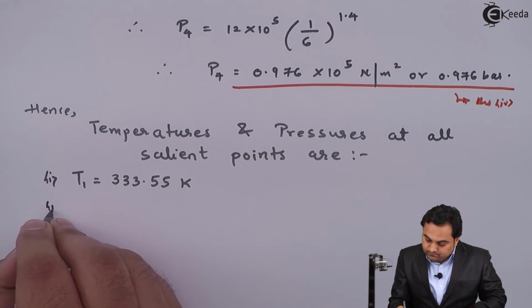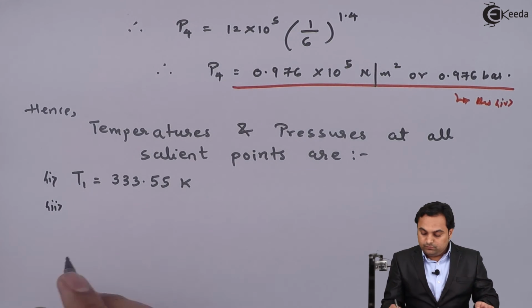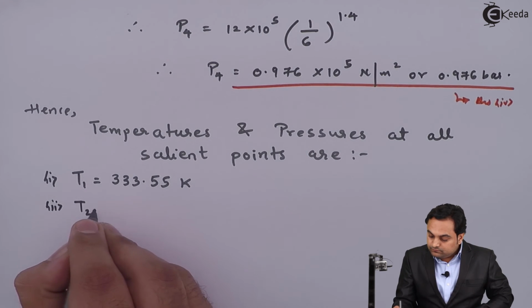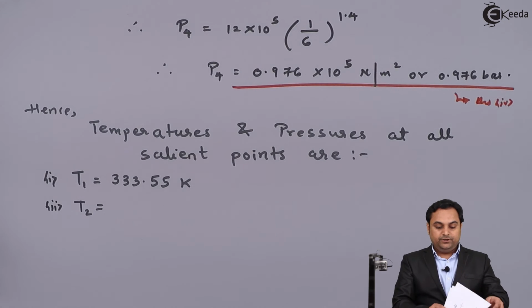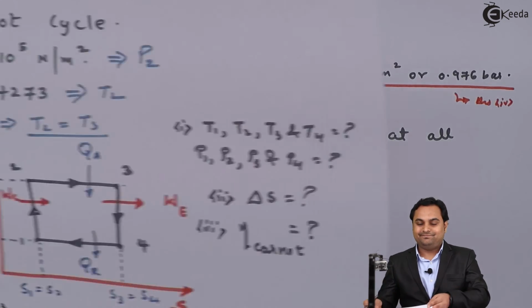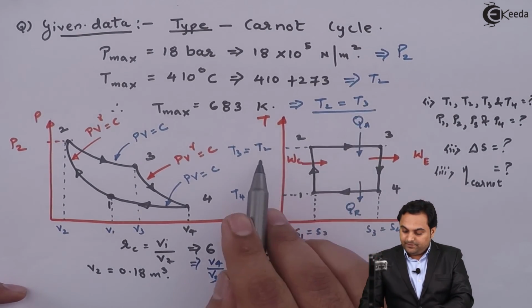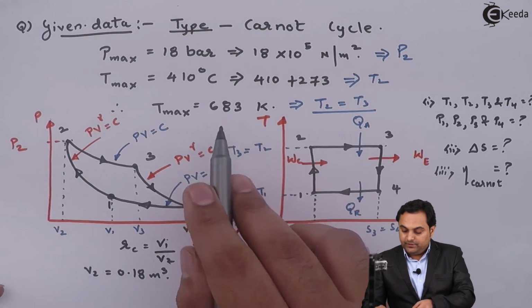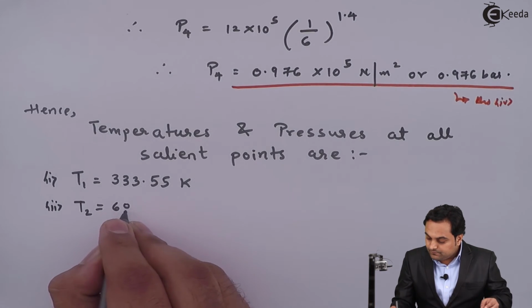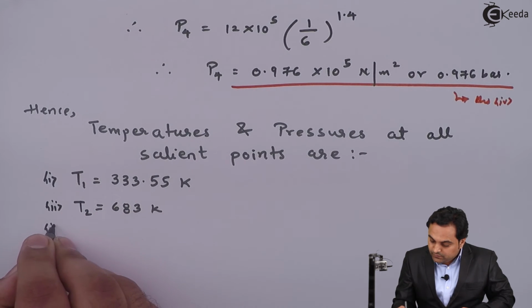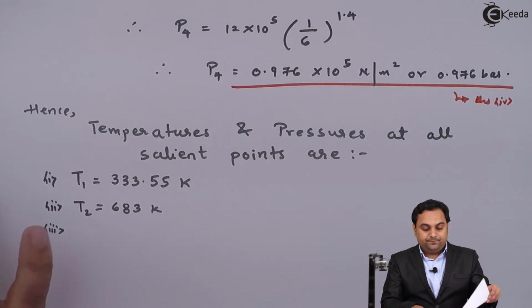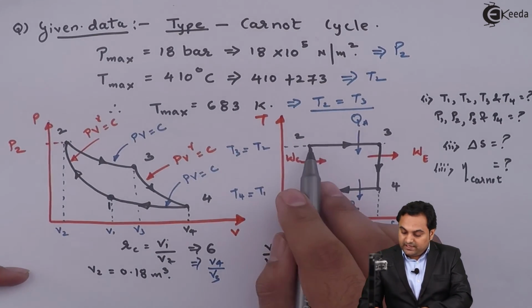Next, T2 is equal to, T2 was given in the question as the maximum temperature, 683 Kelvin. Next, even the T3 value is the same because of the isothermal process.